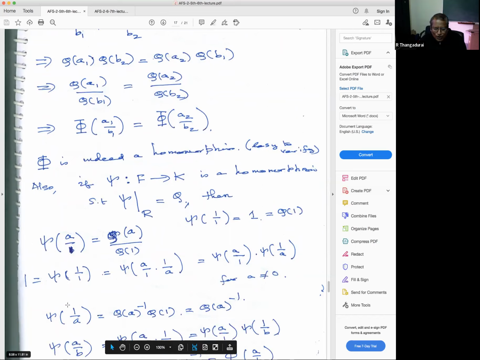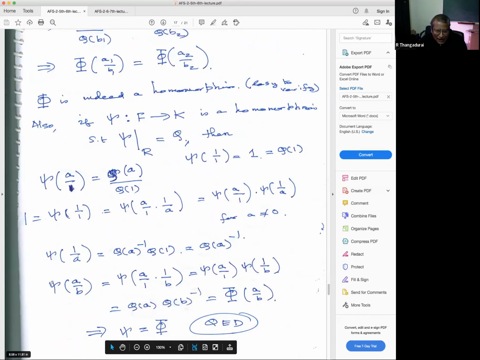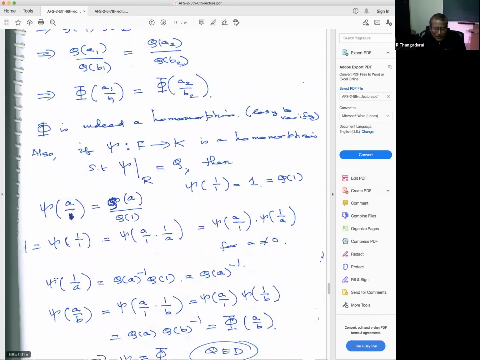Now we want to do it for any element. We want to say that psi of a/b is equal to capital phi of a/b, that both maps are equal. For that, we write 1 equal to psi of 1/1, which is the same as psi of a/1 times 1/a. Why is this? Because 1/1 is the same as the product; you just check the cross multiplication and you see that it is true.